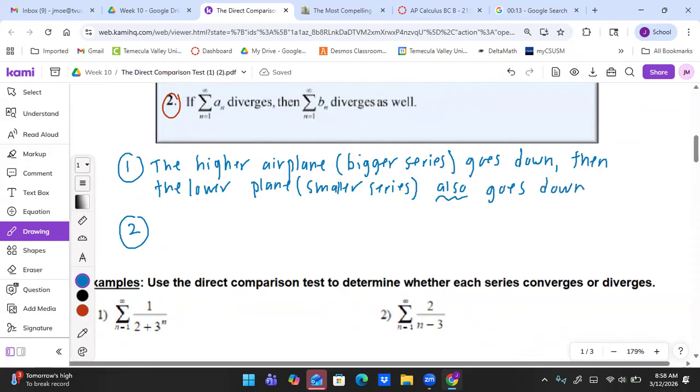And then we said that going down means converges.